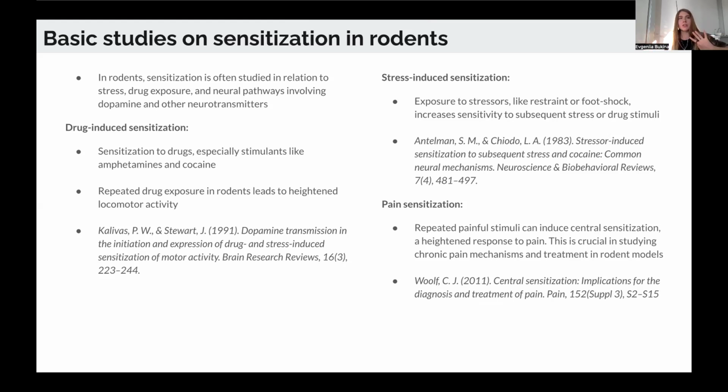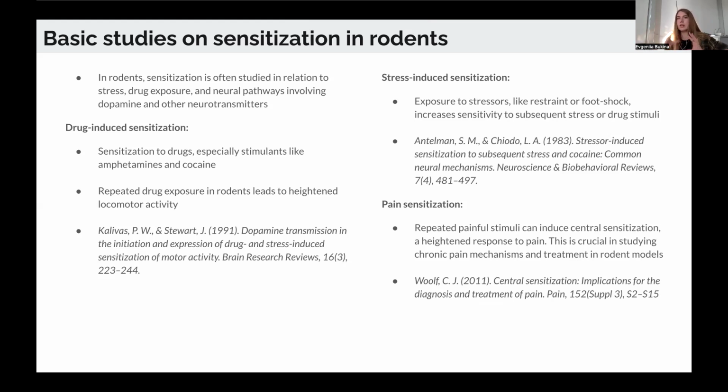And sensitization can be used in preclinical studies to see how drugs affect animal behavior, and then you can relate it to humans and predict some side effects of certain drugs like amphetamines, cocaine, whatever.